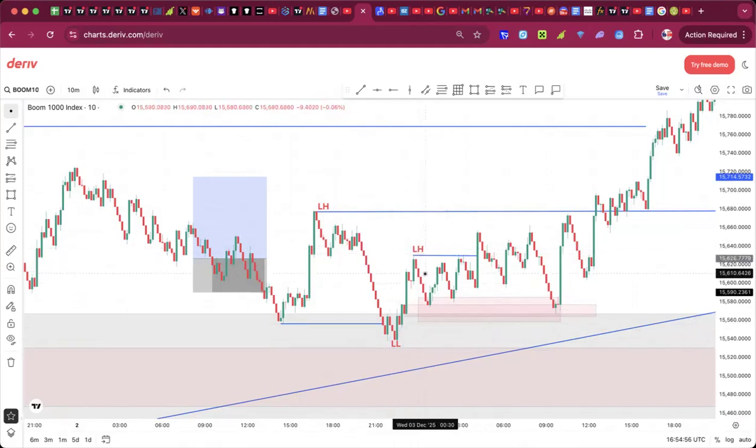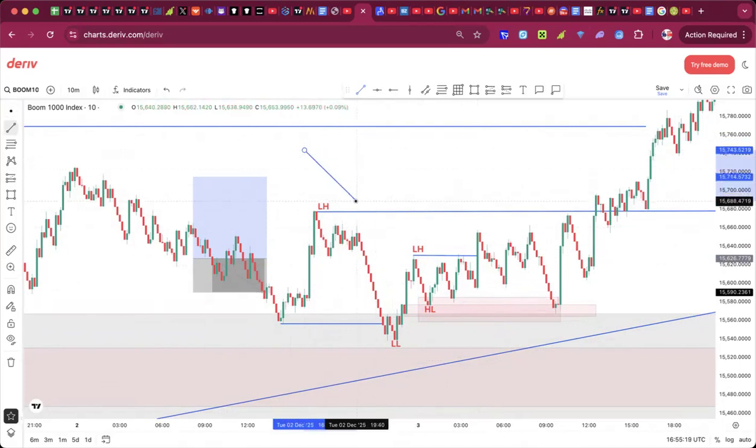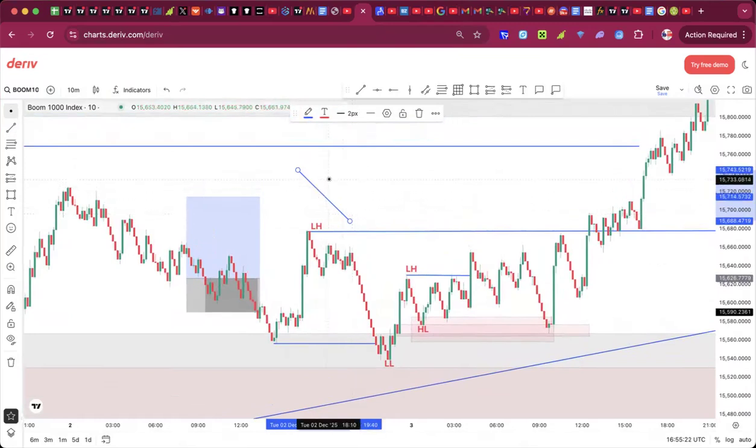Then what we want again is to create another LL. In this case, no, it's not creating an LL. What it has created here is called an HL, higher low. It is no longer LL. Because when the market is maintaining a downtrend, what we are going to have is the presence of lower highs and lower lows. So understand this permutation.